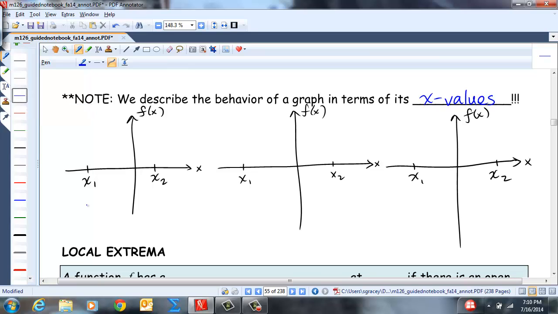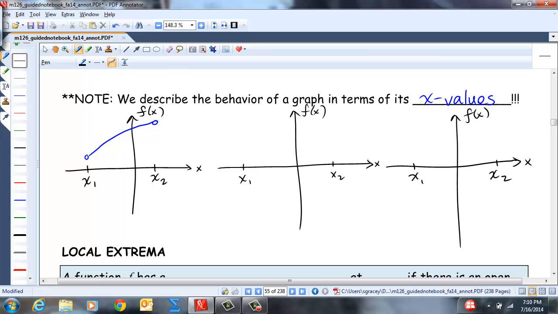So let's just suppose that I have an endpoint here at x1, and my graph goes something like this, and it ends up at x2. Do you see that as I move from left to right and as I trace along this graph, the y values are going up?